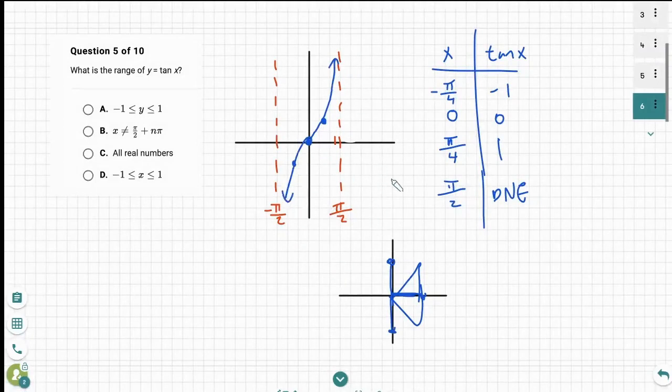Just like cotangent, it's going to repeat itself. Notice that in this case, tangent is increasing as you go left to right. And notice that the origin is the center of one of the curves rather than starting with an asymptote, like cotangent.